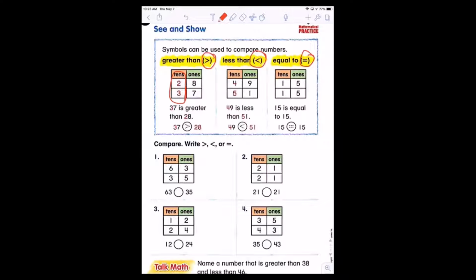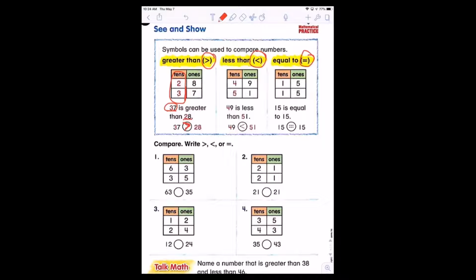So what's greater, 3 groups of 10 or 2 groups of 10? Okay, it's 3 groups of 10, so that's why 37 is greater than 28. So remember, the alligator is always facing the greater number.